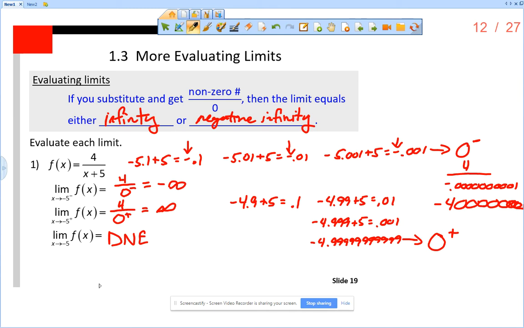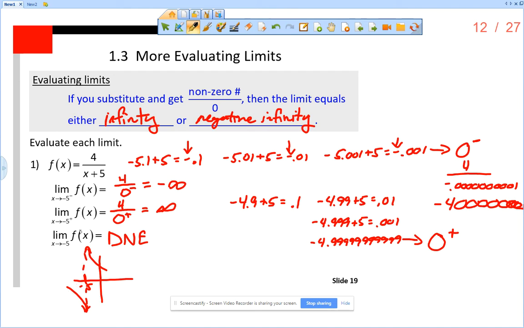This is the existence of a vertical asymptote. Let's say negative 5 is right here. As x approaches negative 5 from the left, we're going towards negative infinity. So there must be a vertical asymptote here, going down towards negative infinity from the left, and up towards positive infinity from the right.